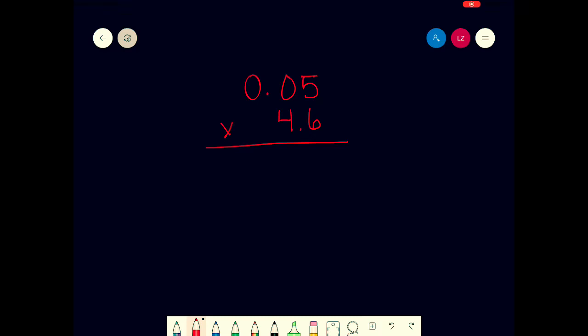Okay, so hopefully you took 6 times 5 and you got 30. And then you took 6 times 0 and got 0. Plus 3 is 3. 6 times 0 is 0. Then in order to get over here to this 4 right here, we need to put our 0, the hero placeholder in, right?